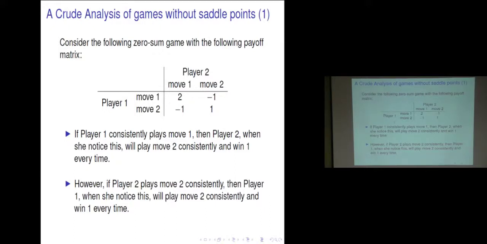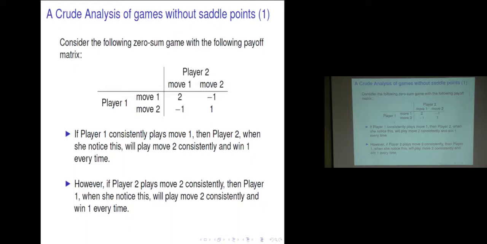However, if player 2 sticks with strategy 2, player 1 will notice she always plays this and will change to strategy 2, moving down to the second row, because then he wins 1 every time. So we are here and here.